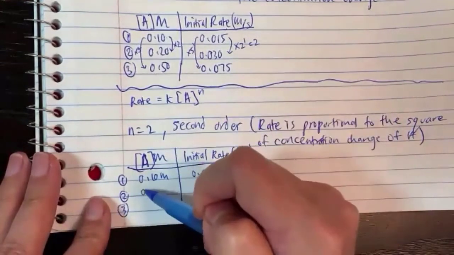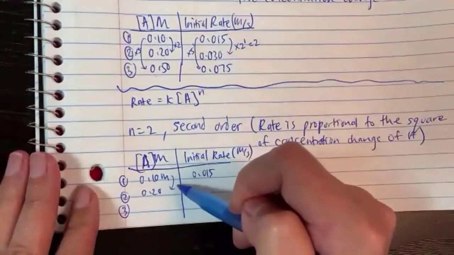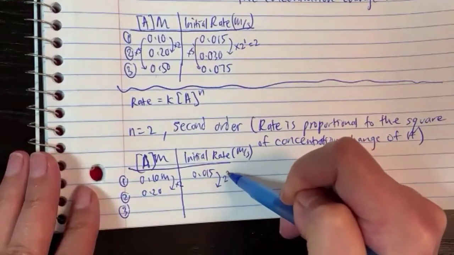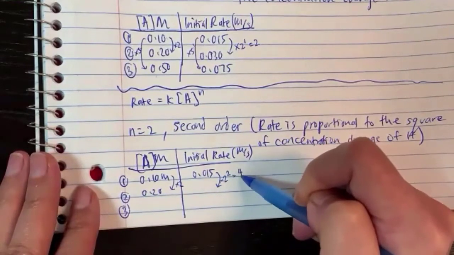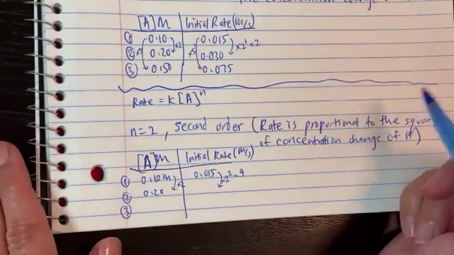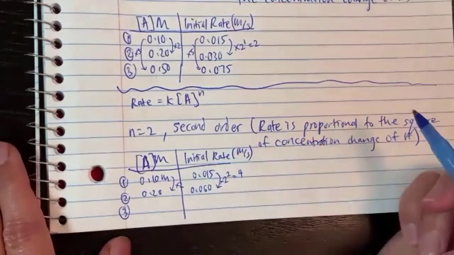And if we did 0.2 in my second test tube, this is going up by 2 times, right? How much would this go up by? 2 squared, which is 4 times. Basically the order tells you the power you raise it to. So that would give me an answer of 0.060 right there.